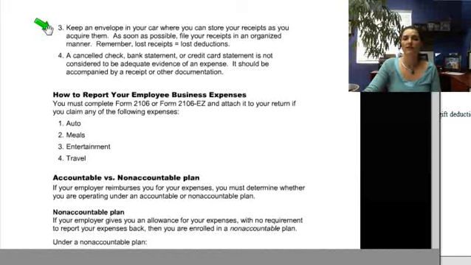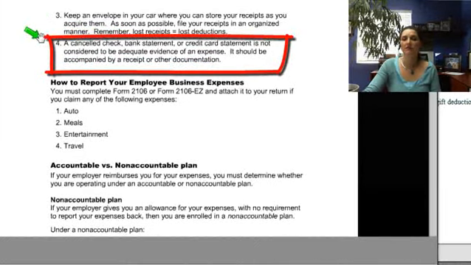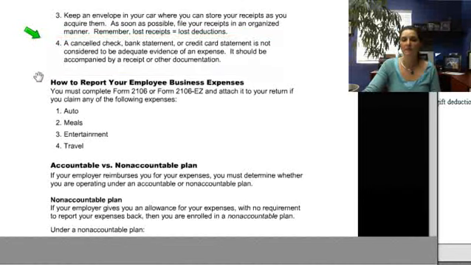As soon as possible, file your receipts in an organized manner, because remember that lost receipts equal lost deductions. Also, a canceled check, bank statement, or credit card statement by itself is not considered to be adequate evidence of an expense. It should be accompanied by a receipt or other form of documentation.